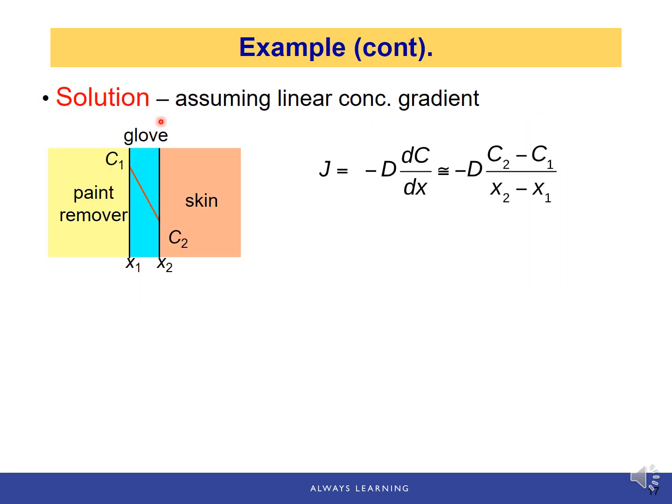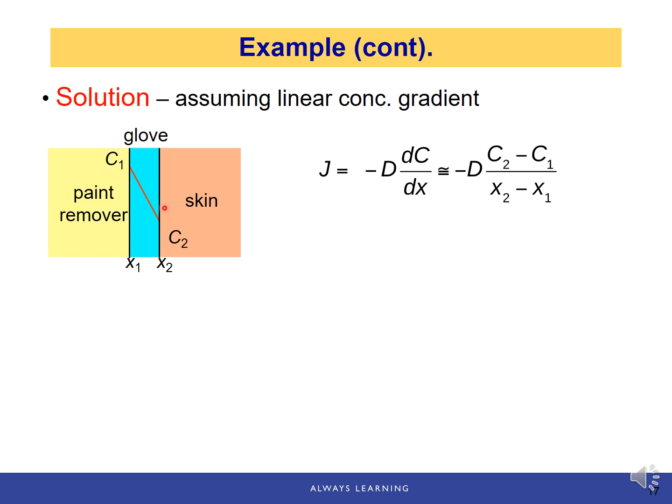To solve this problem, first we're going to assume this is a steady-state diffusion problem. So we're going to assume it's already reached an equilibrium state or steady state, so the concentration gradient doesn't change with time anymore. The concentrations at both surfaces are held at constant values.